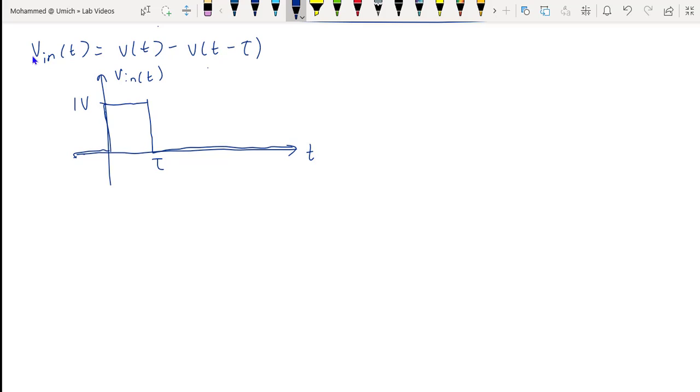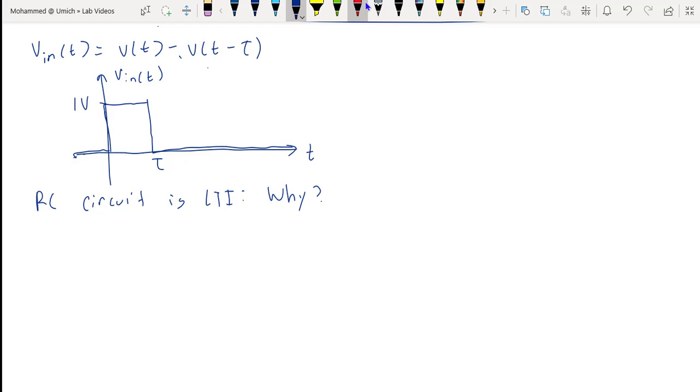To find the output of the RC circuit for this input, I'm going to use the fact that the RC circuit is an LTI system, and I'm going to find the output of the RC circuit when the input is u of t and u of t minus tau, and then subtract those. So the RC circuit is LTI. Why?